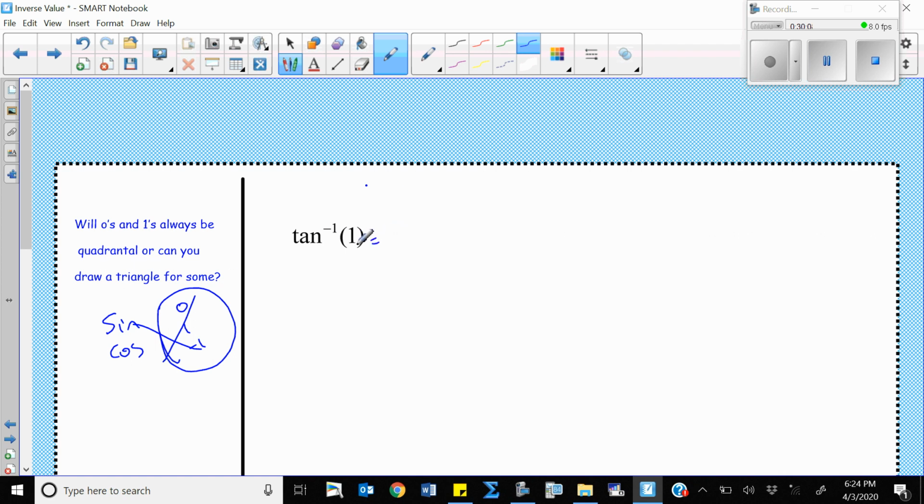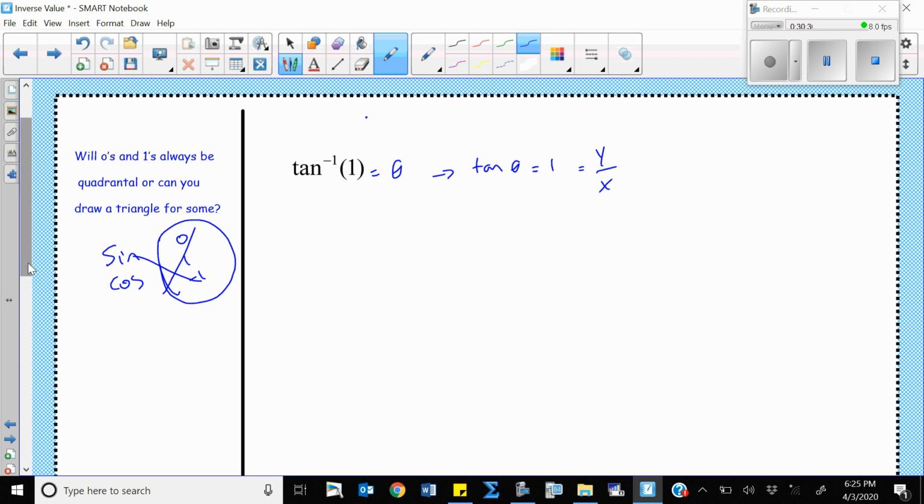Okay, tangent inverse of 1 is equal to an angle. That means tangent of that angle is equal to 1. We learned that tangent is basically equal to y over x. This is what we learned at the beginning of the lesson today.